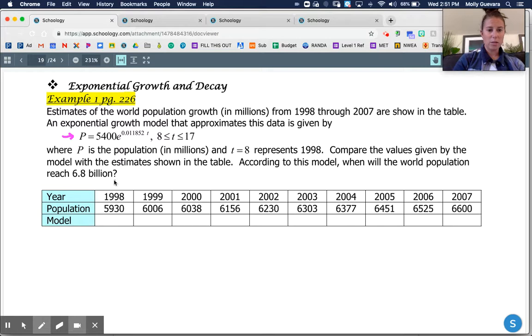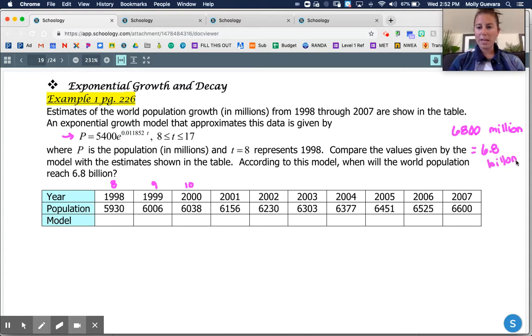So make sure that we are remembering that this is 8, right, 9, 10, and so on. And I want to know when it's going to reach 6.8 billion. So I'm looking for about 6,800, because it's 6.8 billion and this is 6,800 million, which is the same thing as 6.8 billion.